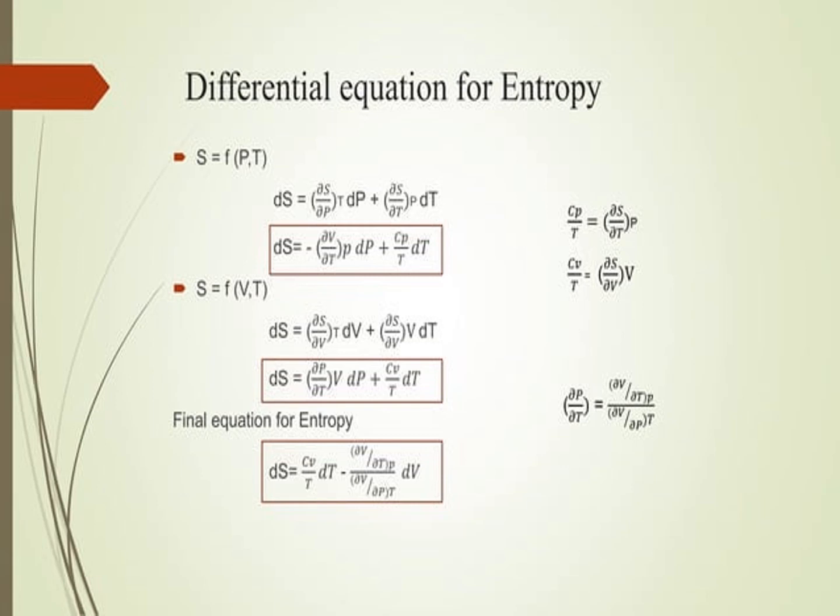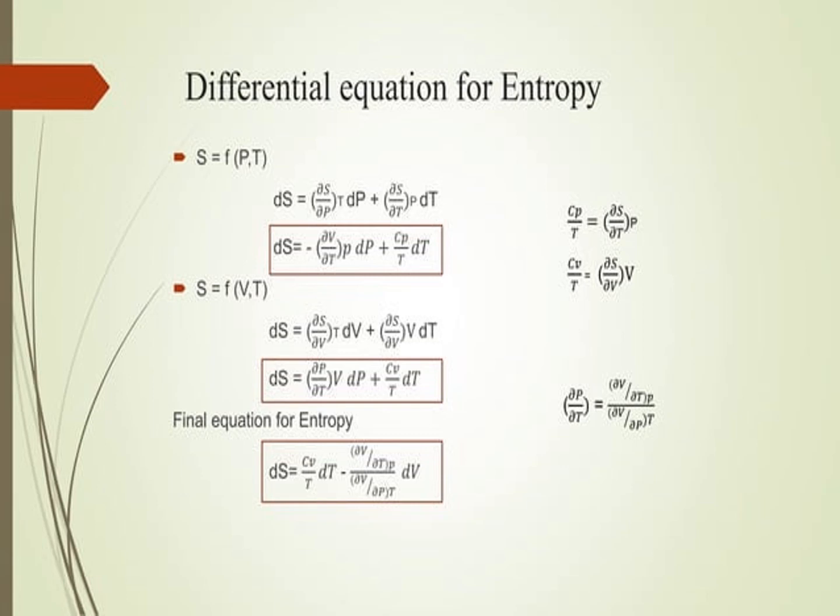Like that, we are taking entropy as a function of pressure comma temperature. If we take pressure and temperature, we differentiate in differential form, that is dS is equal to ∂S/∂P at constant T into dP plus ∂S/∂T at constant P into dT.